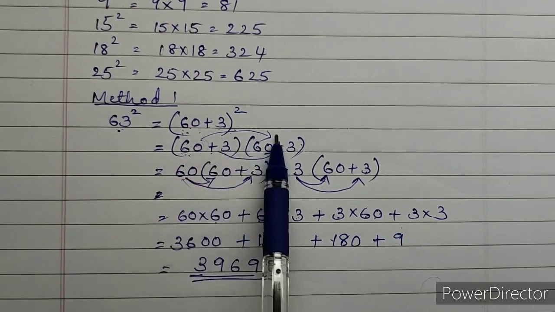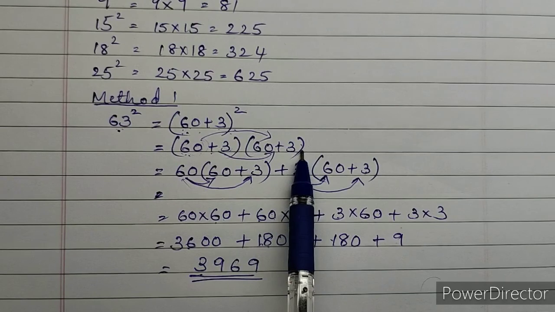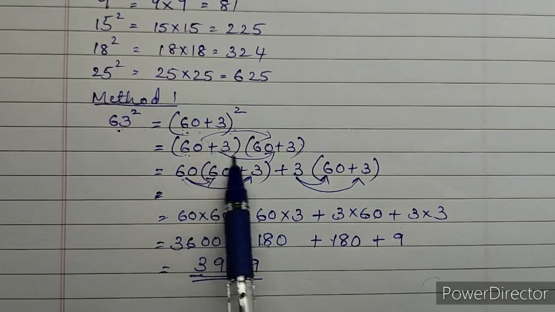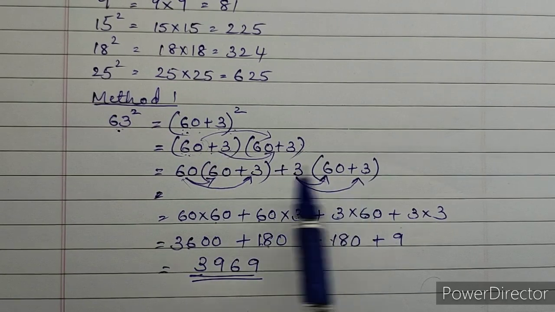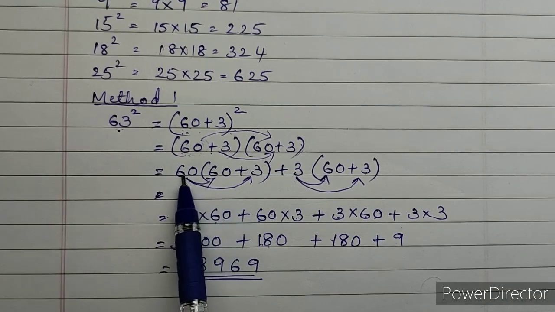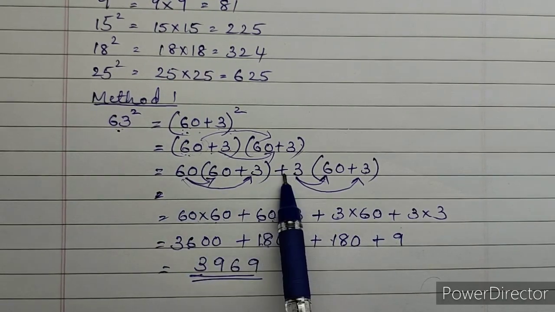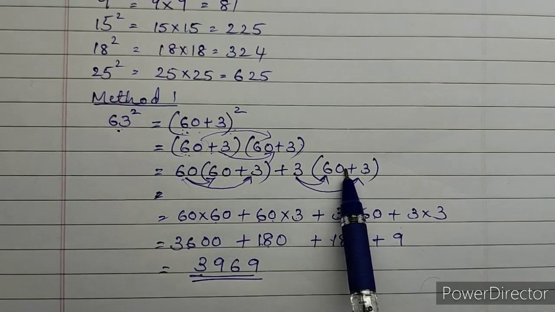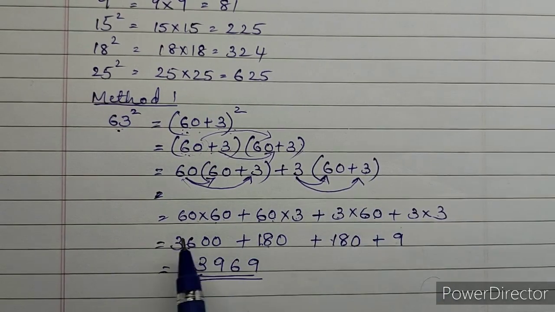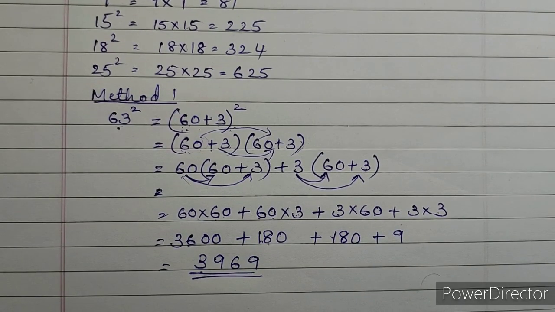So 60 into the full bracket plus 3 into the full bracket. Now again the distributive property: 60 into 60 plus 60 into 3 plus 3 into 60 plus 3 into 3. Multiply each one and find the total, so you will get the answer.